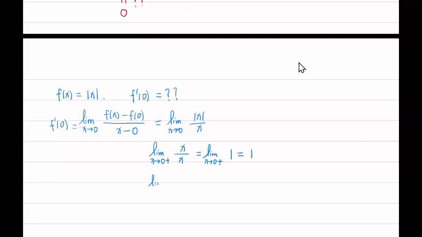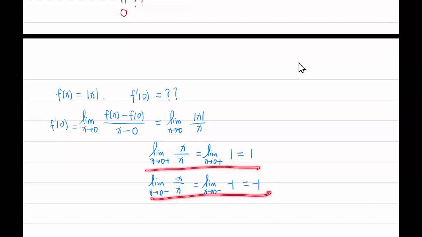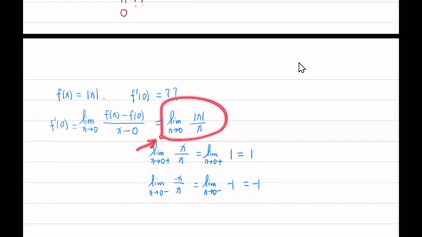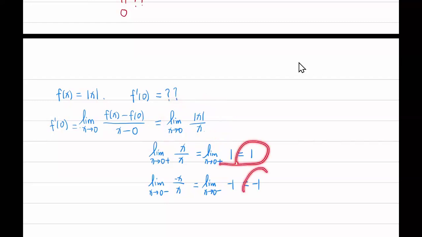When x is negative, the absolute value is negative x, simplify, and we get negative 1. Now we have two different one-sided limits. Zicheng, what would you say about this limit? It doesn't exist, because on one side we get 1, and on the other side we get -1.